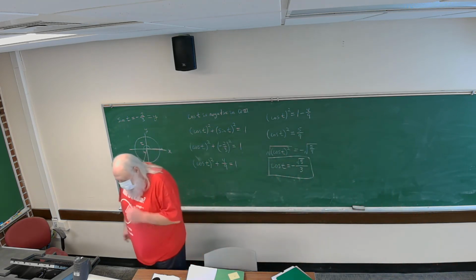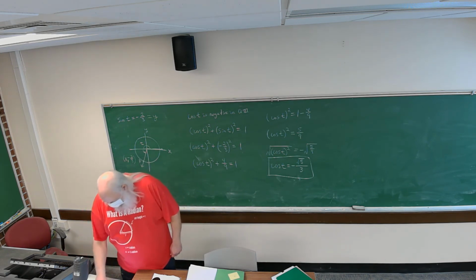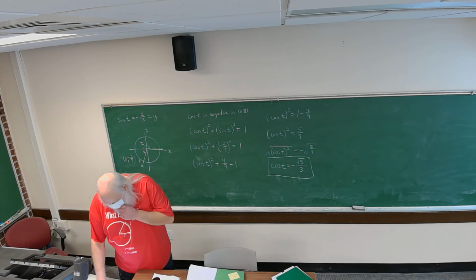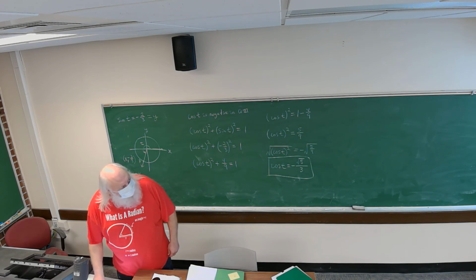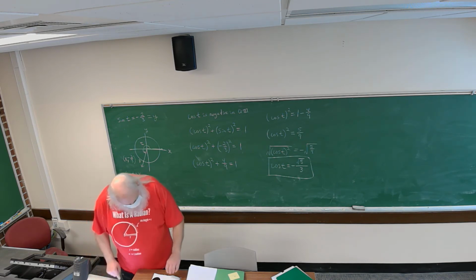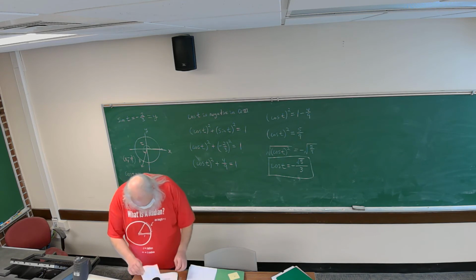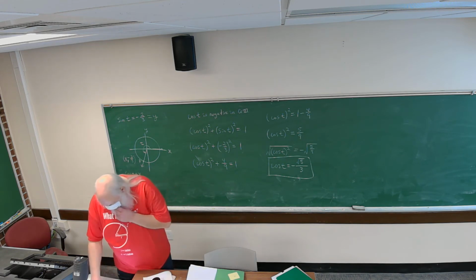So what this front page does for you is, all the angles from 0 to 360 degrees are drawn, all the angles that are multiples of 30 and 45 degrees. And what's in the first quadrant is the numbers that are at the bottom of page 4 of your notes.